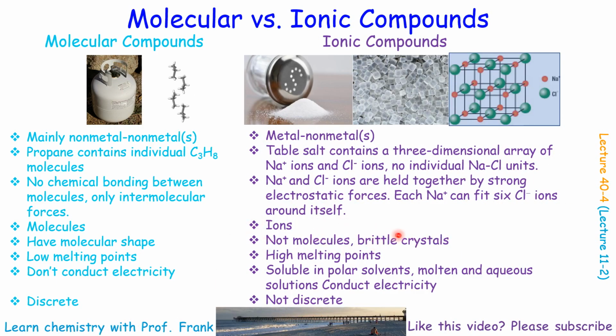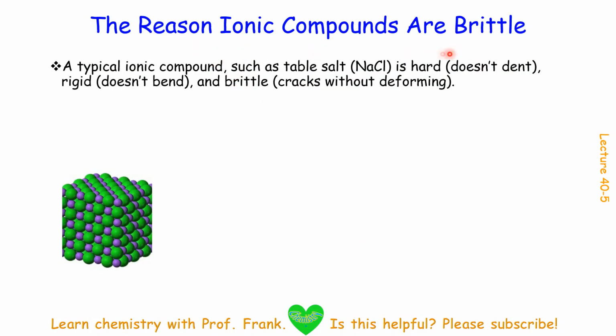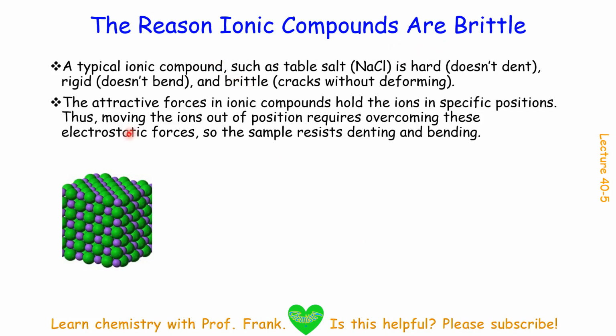The contents of this slide were already covered in lecture 11, so you can take some time to review the properties of molecular and ionic compounds. Now let's pay attention to this property of ionic compounds. Ionic compounds are brittle. Then you may ask, why are ionic compounds brittle? The attractive forces in ionic compounds hold ions in specific positions.